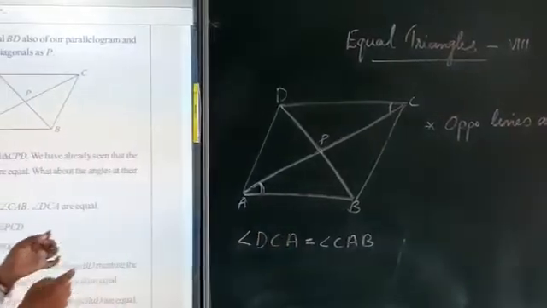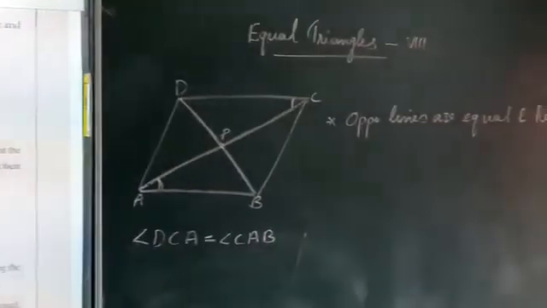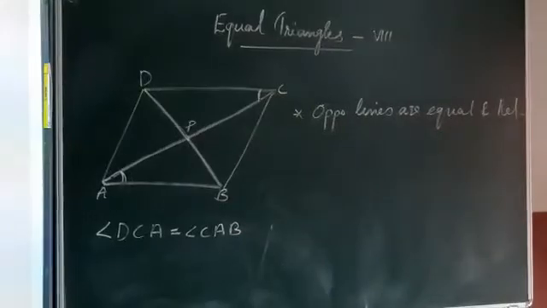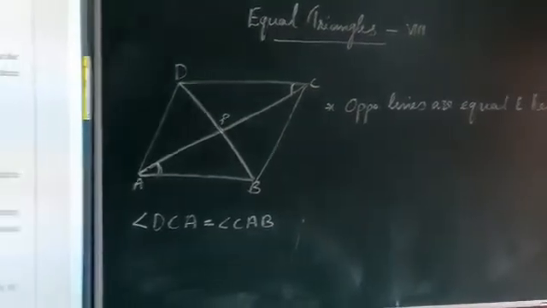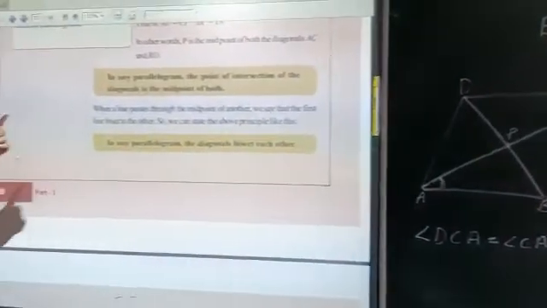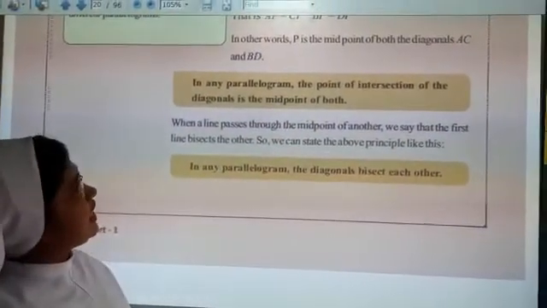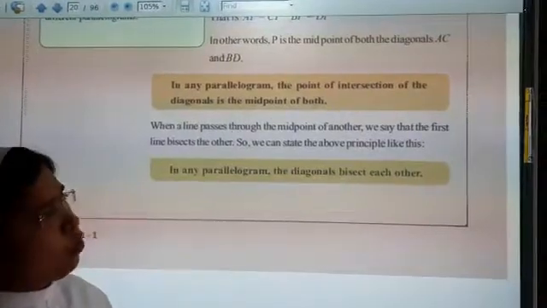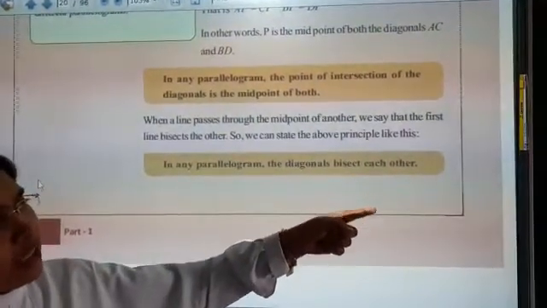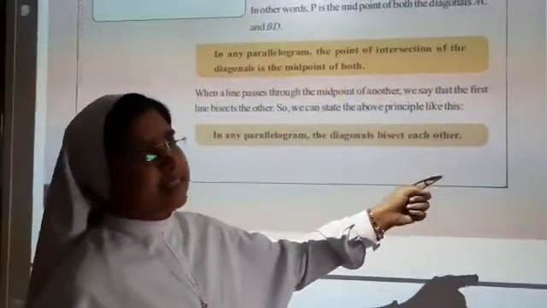So we can come to another principle here. In any parallelogram, the point of intersection of the diagonals is the midpoint of both. In the figure you can see, the midpoint is P.